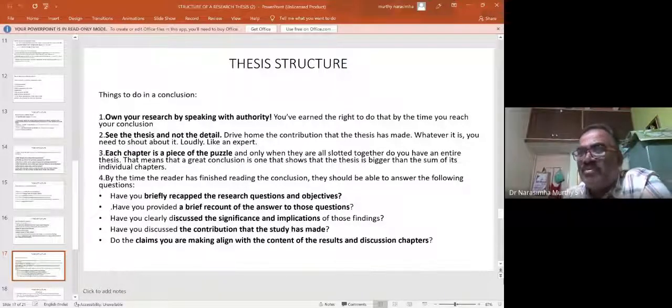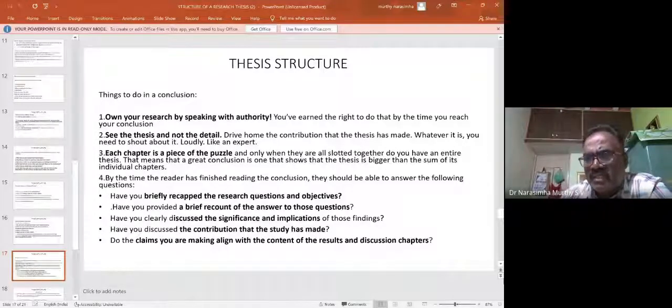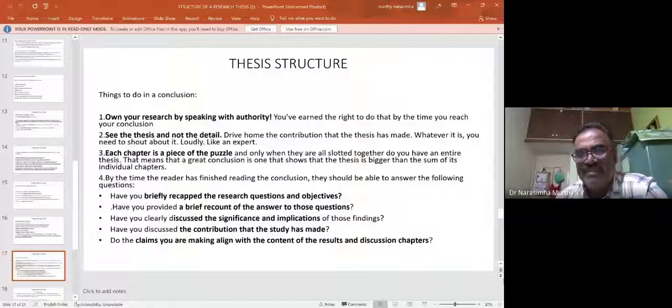That means you should take responsibility, claim ownership of your work, and express a sense of confidence that yes, it is my work, I have done this. How can you do that? By providing different evidence, supporting material, arguments, all that.